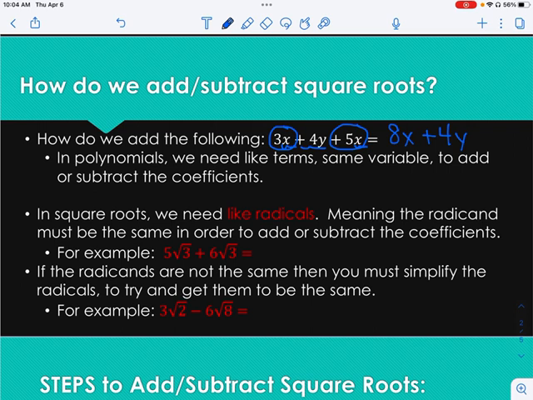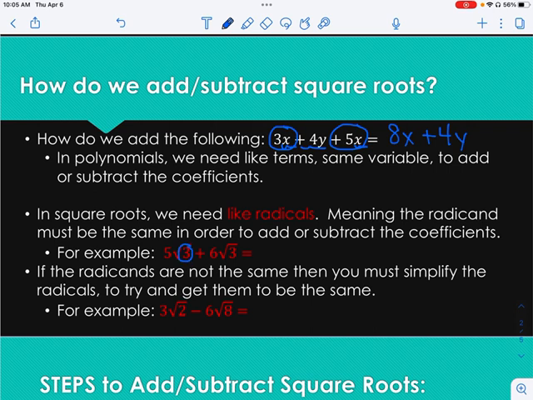In polynomials, remember we only added, subtracted like terms, which meant that you had the same variable and you would add or subtract the coefficients. Well, square roots are no different. In square roots, we need like radicals, meaning the radicand, the part inside, must be the same in order to add or subtract the coefficients. So for example, 5 square root of 3 plus 6 square root of 3.